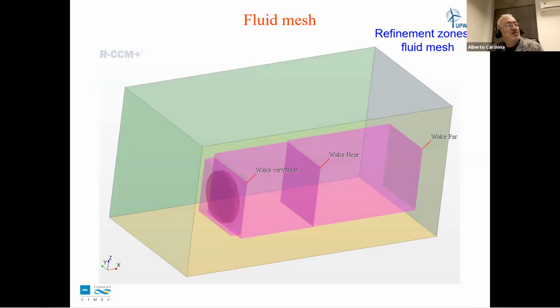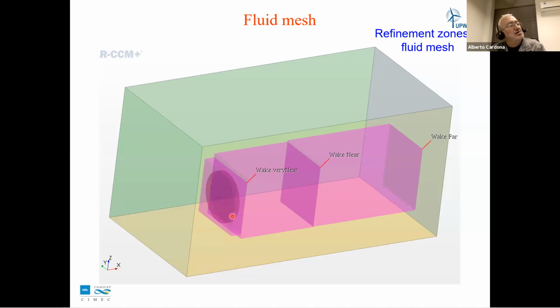This is a general view of the fluid mesh. All the computation is done inside a box, and the wind turbine is located here. This is the disk inside which the rotor will be rotating. This is a rotating mesh, which is connected to the box mesh by a sliding mesh interface.